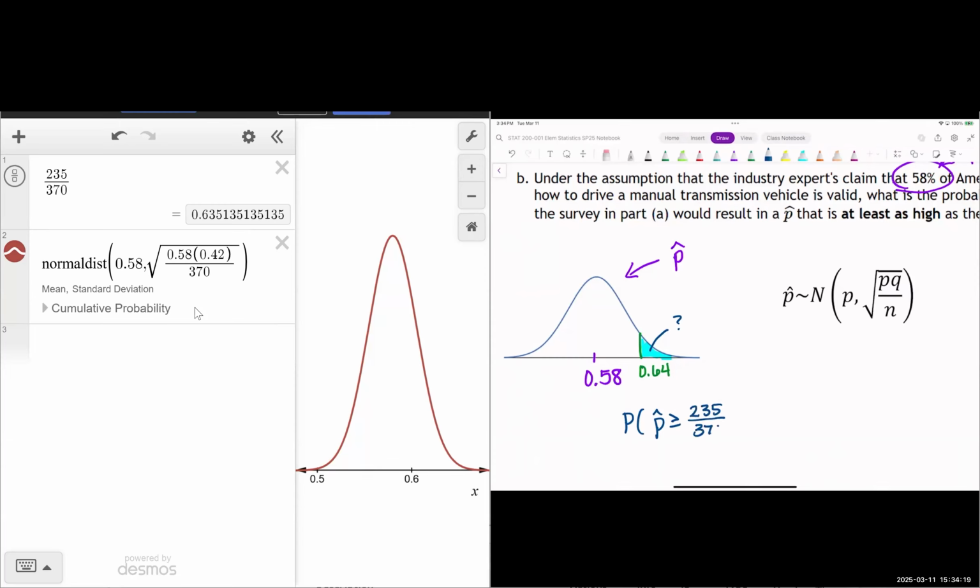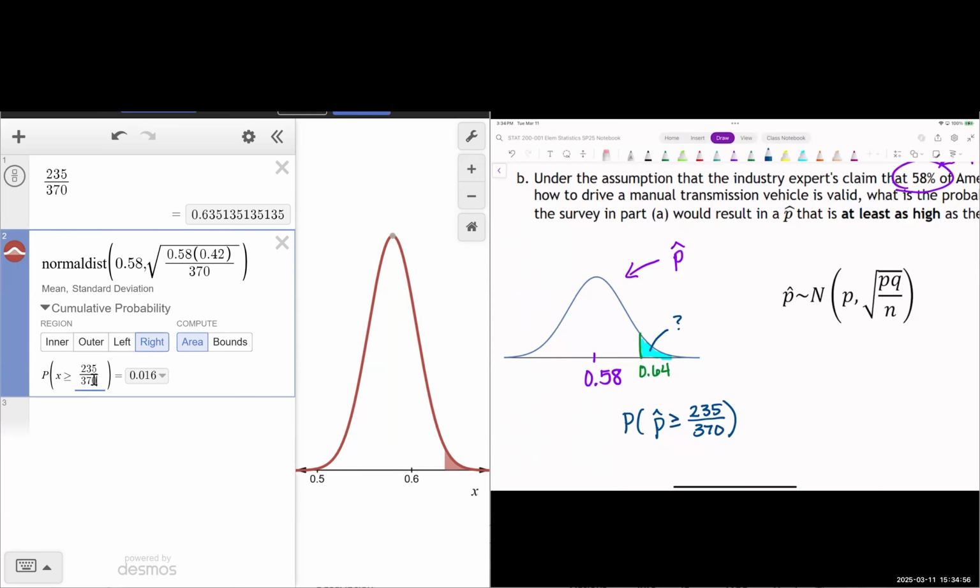Now you can use the decimal value for the p hat here if you want to, but use the value with extra decimal places. So I'm looking for a right-tailed probability. So from the cumulative probability choices here, I'm going to pick region right, and I want to compute the area.